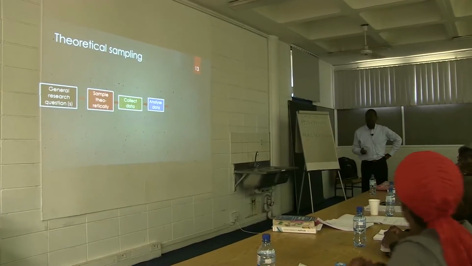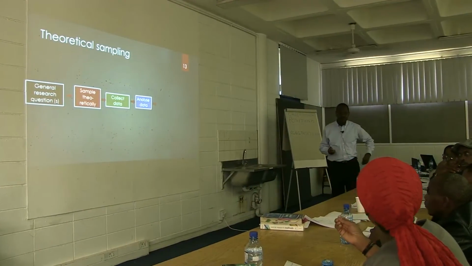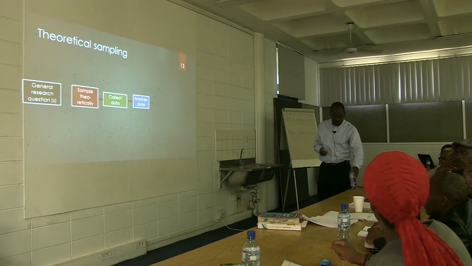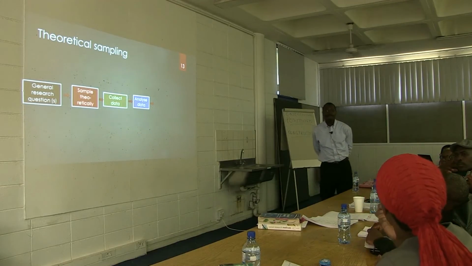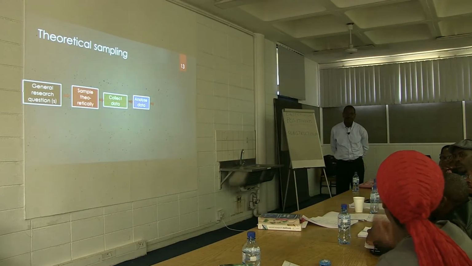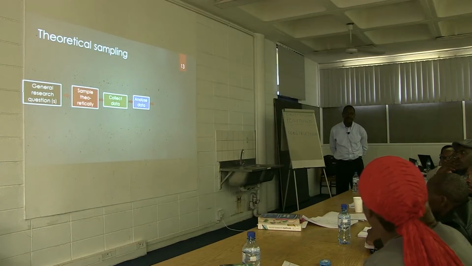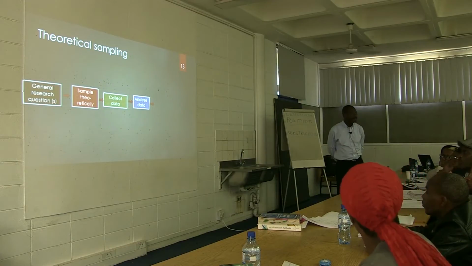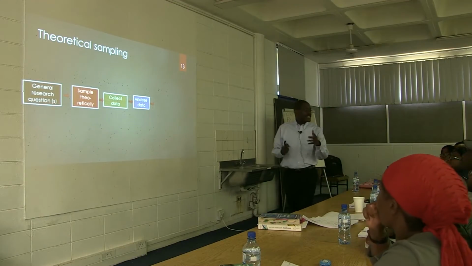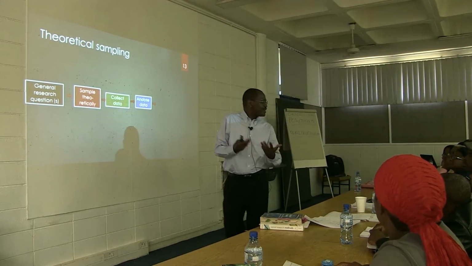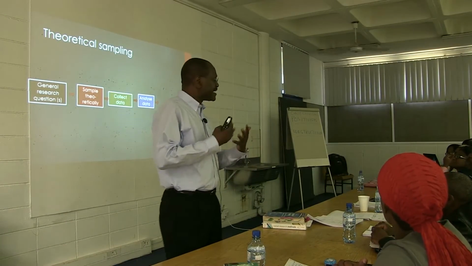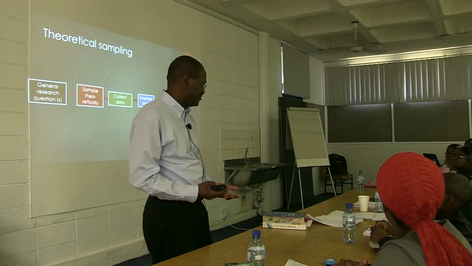For example, when I was doing my own research, the theory that I had in mind was on a learning organization. So theoretically sampling, I then wanted to select those participants who would be able to illustrate what a learning organization was, because I had that theory in my mind. So she's saying, I had that theory in mind, but we know she was coming from a particular epistemological and ontological perspective regarding the learning organization.